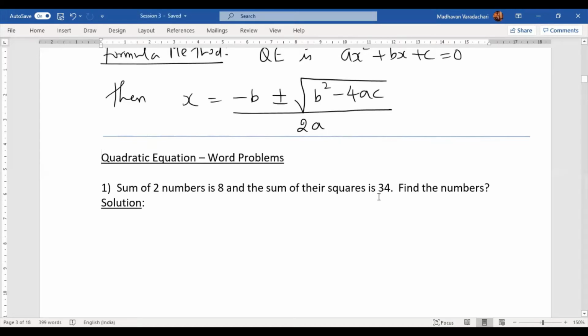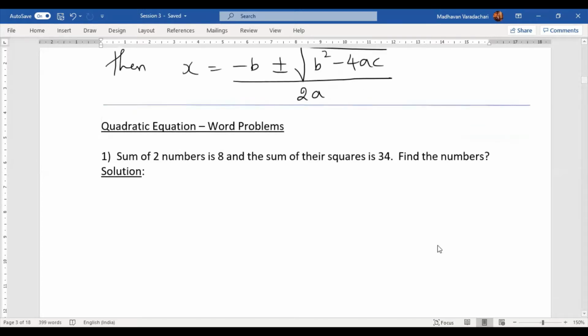Find the numbers. So sum of two numbers is 8. So I can consider, let the numbers be x, comma 8 minus x.